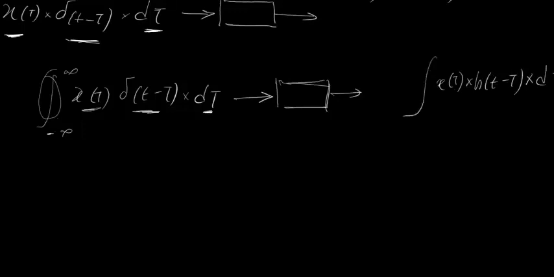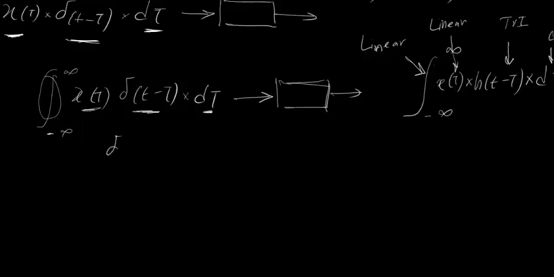And since I am trying every one of these and adding them up by allowing tau to go from minus infinity to plus infinity, this is what I would get. Again, this is because it's time invariant. This is because the system is linear. And this infinite sum is also because of linearity. All right?